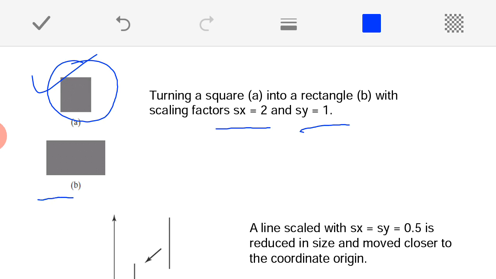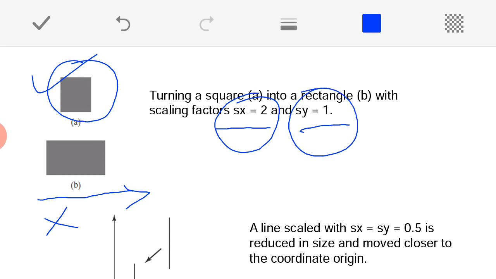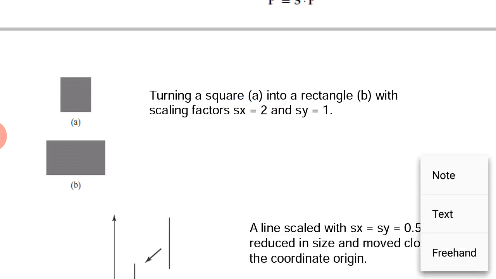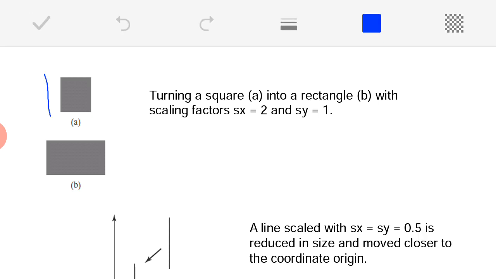Because I am scaling along the X direction, because my sx has been defined as 2, but my sy remains the same. If you multiply anything by 1, it remains the same. In this example, if you observe, there is no change in the y direction, the y value remains the same, there is only a change in the x direction. Why? Because my sx is equal to 2.